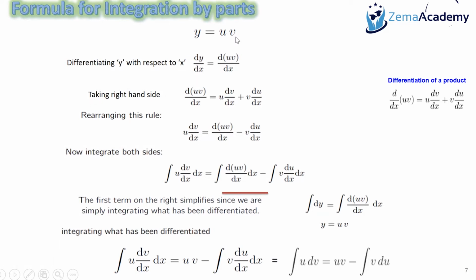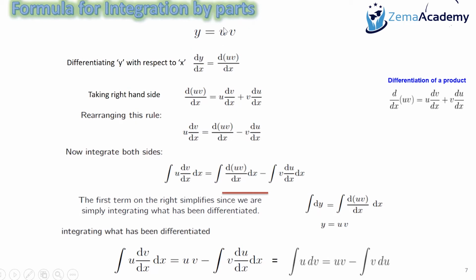And a function y. Now if this y equals uv, then you can differentiate this y with respect to x. So in the next step, I'm sure that by now you know what the differentiation process is. So differentiating this y with respect to x, it will become dy by dx.